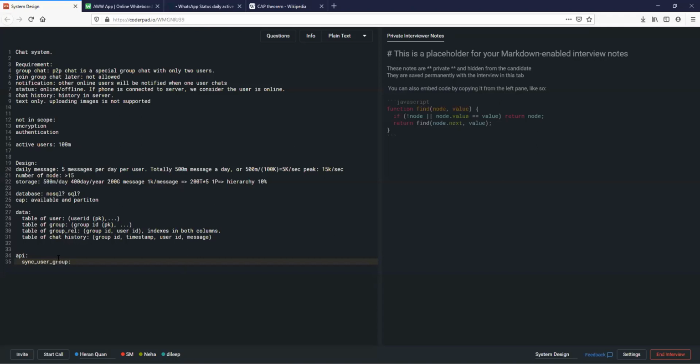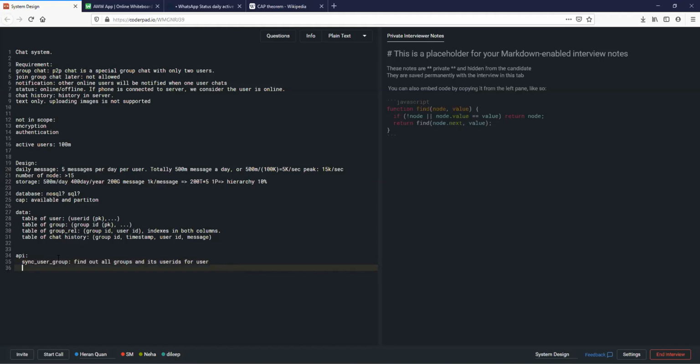So basically, find out all the groups and their user IDs for the user. This is sync user group.